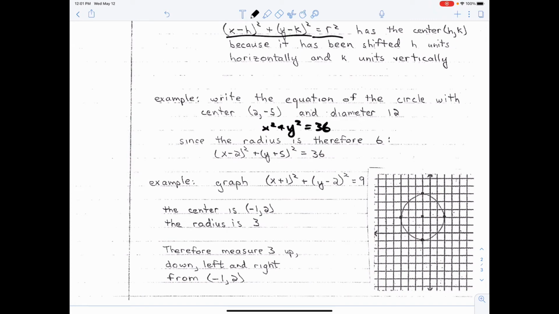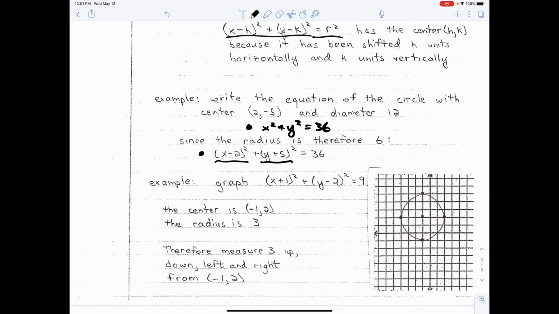But what we're going to do is shift it 2 in the x direction, so it becomes x minus 2 quantity squared, and negative 5 in the y direction, so it becomes y plus 5 quantity squared, and then equals 36. So this one right here is if it wasn't shifted, but since it is shifted, that's the equation.